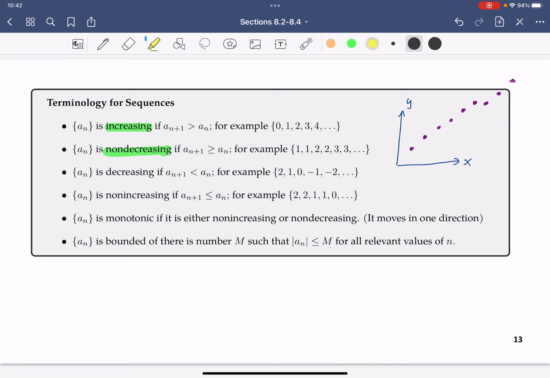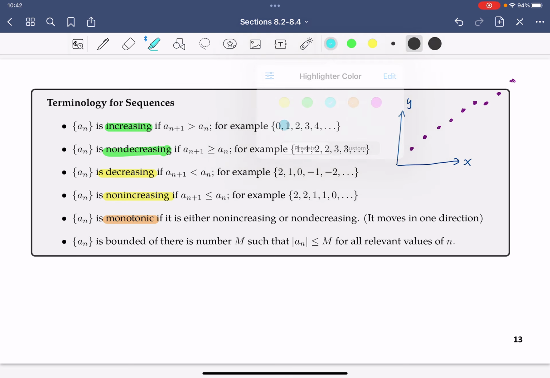Similar to increasing and non-decreasing, you have decreasing and non-increasing. This is the same thing but in a different direction. When the sequence is either non-increasing or non-decreasing, we're going to call it monotonic. And the last one is the bounded sequence.